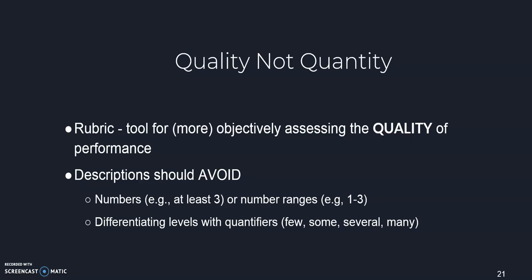Are you going to tally them, the errors, to make sure that you're consistently putting people into the few, some, or many? If you're going to tally errors, you could just tally them and subtract errors. Again, rubrics are for quality, not quantity, so we want to avoid numbers and quantifier descriptors.